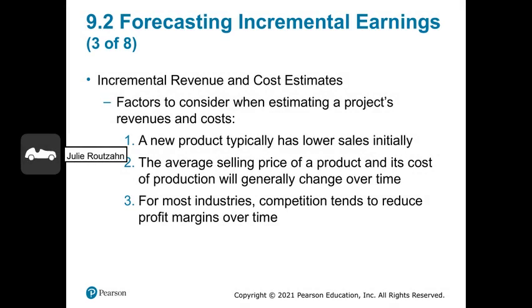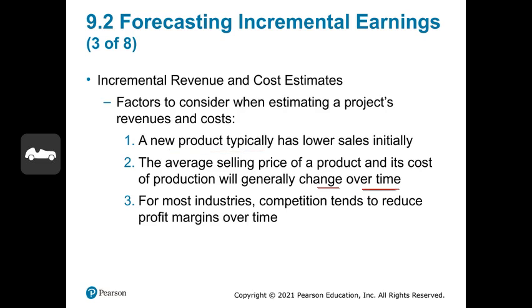So when we are considering those incremental revenue and incremental costs, there's important things that we need to consider. The first one is a new product line is not going to take off immediately. It generally has lower sales in the first initial periods, and then it ramps up over time. Average selling price of a product and its cost of production will change over time too, right?